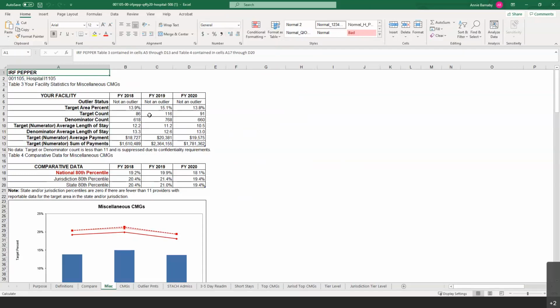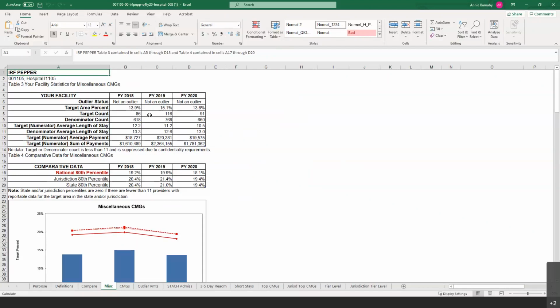We want to be, of course, transparent with the data that we're using for these calculations. And so it's listed here on each of the tabs for each of the target areas. The average length of stay for the numerator, that is looking at the information that is included in the numerator for this target area.